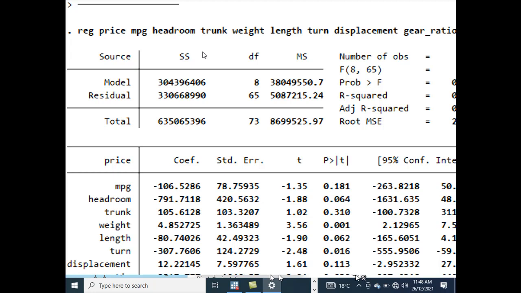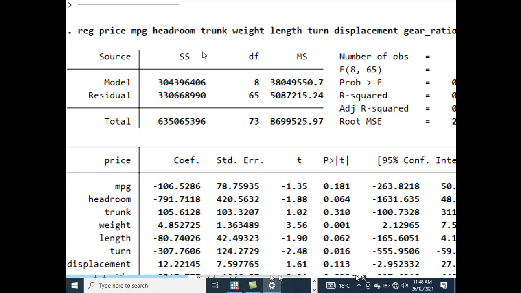In a sense, we are trying to say what these 8 explanatory variables are telling you together about the price of a car. Are they telling you something significant about the price of a car or not? Right? Or in the language of statistics, we say that the fitted model consisting of these 8 explanatory variables, whether that fitted model is significant or not.